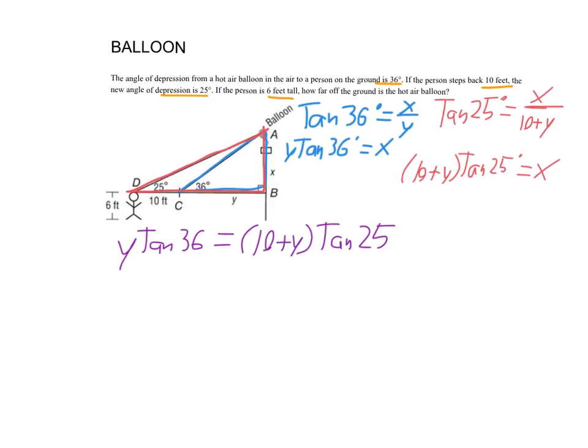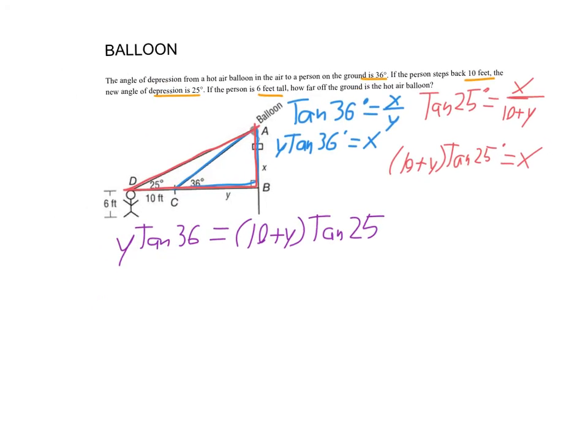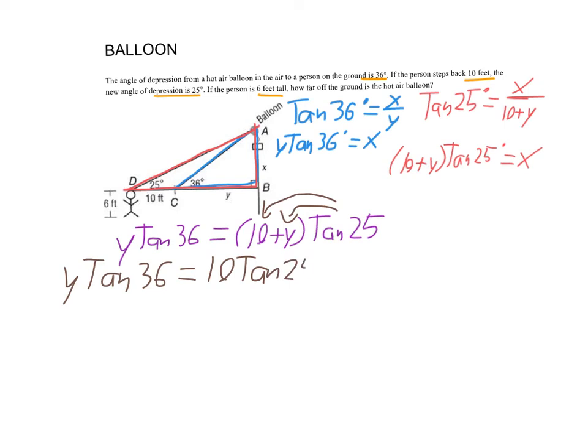I'm then going to distribute that tangent of 25 into this parentheses to give me y times the tangent of 36 is equal to 10 times the tangent of 25 plus y times the tangent of 25.